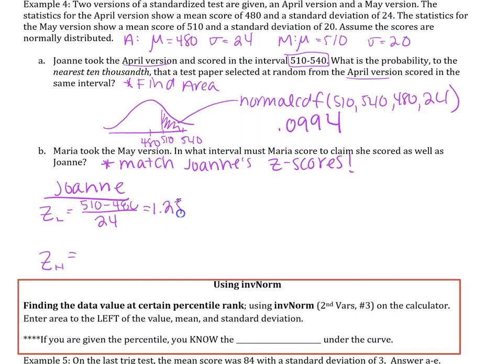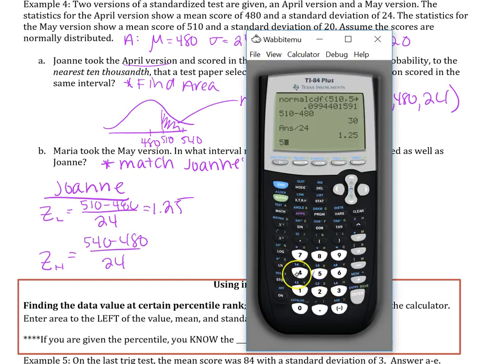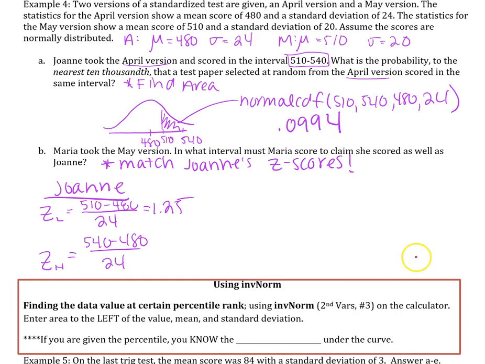Now her upper bound was a 540. So at most she scored a 540. Same mean, same standard deviation. So 2.5. So Joanne is scoring anywhere between 1.25 and 2.5 standard deviations above the mean.